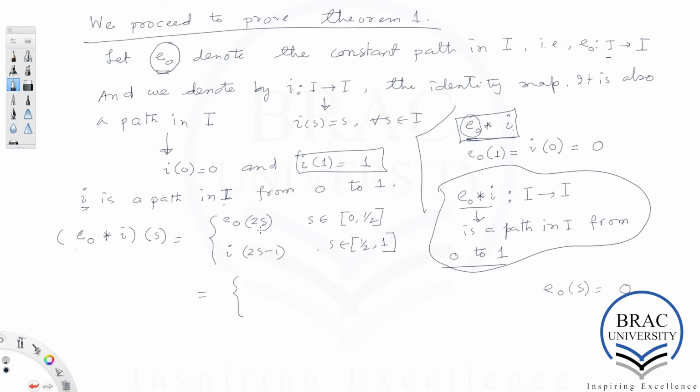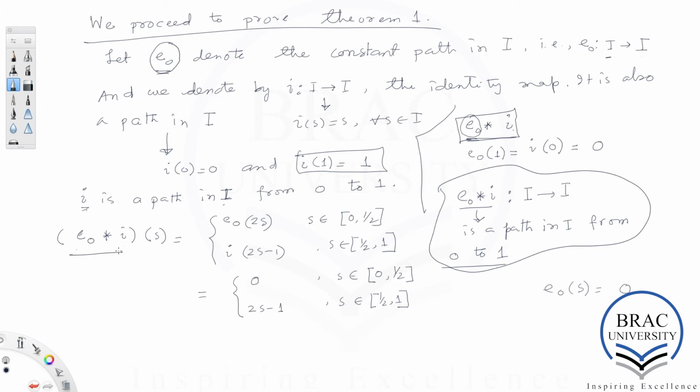So E0 at 2S is going to be 0 for all S in this interval, and I of 2S minus 1 is going to be 2S minus 1 because I is the identity map, when S is in this interval. So this is the product.